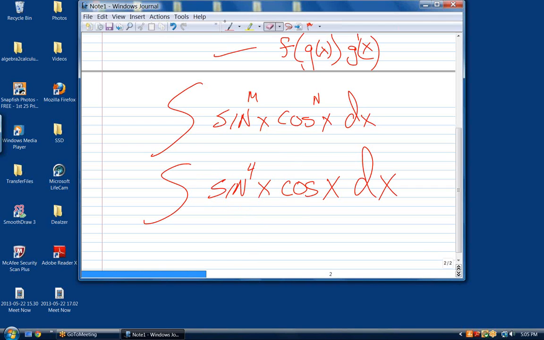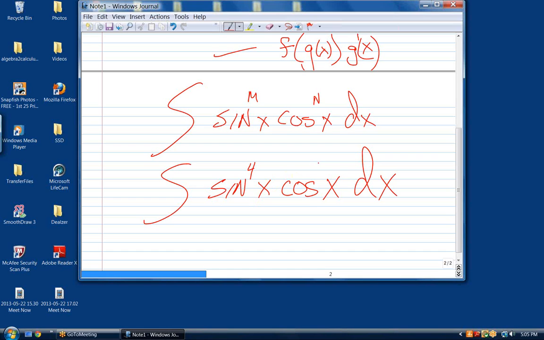Okay, so we can do this quite easily. It's sine fifth of x divided by 5. And I could go through the substitution if you like, where u would be sine x. No, that's okay. I see how that would work.